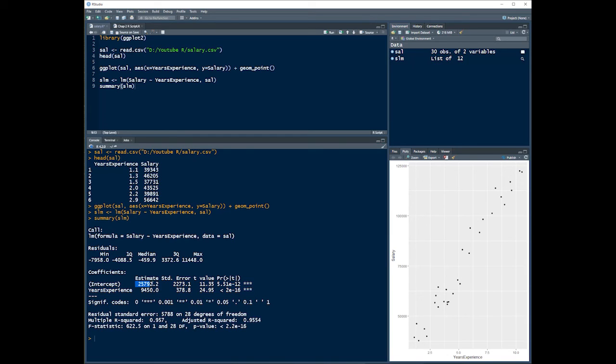In this case, the null hypothesis states that the coefficient estimate is 0. That means it doesn't have any impact on the dependent variable. And the alternate hypothesis says that these estimates have significant impact on the dependent variable.